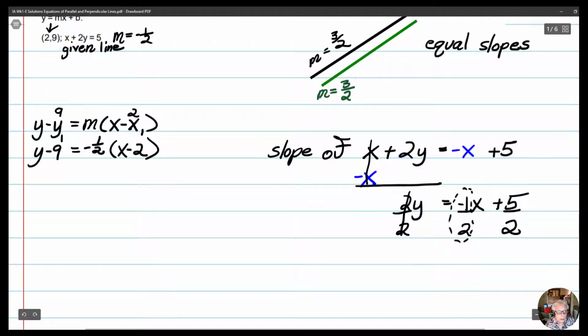I'm going to rewrite this in pencil, pseudo pencil. And give myself some room here to multiply by 2. Just like I did before.